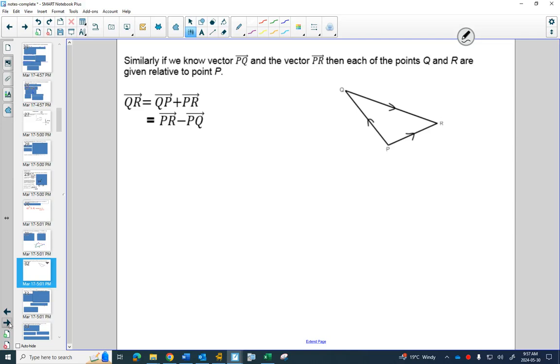And it doesn't have to be origin vectors that you know. You could know other vectors from different places.